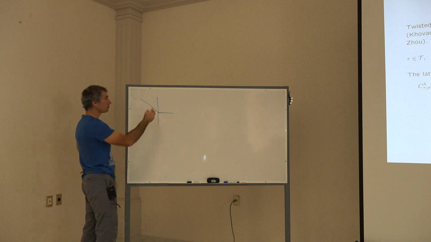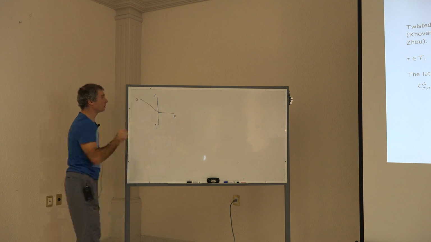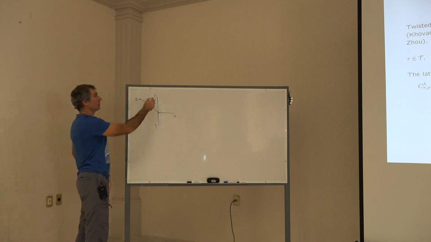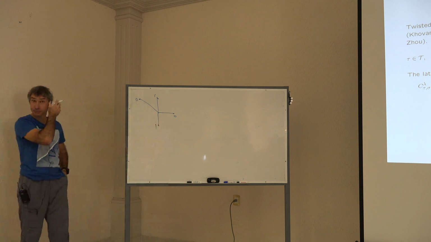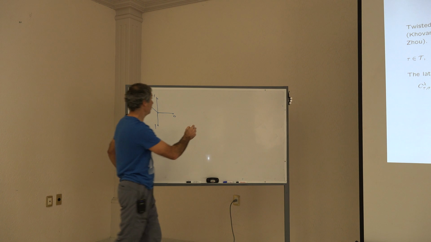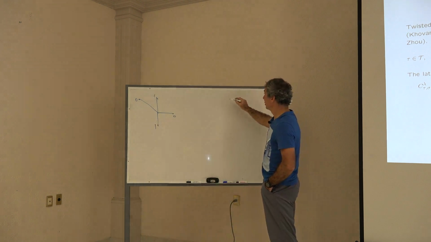Let's see. So 1, 1, 0, 0. This is a line bundle on F1. How would you represent its cohomology? Well, you draw the thing.